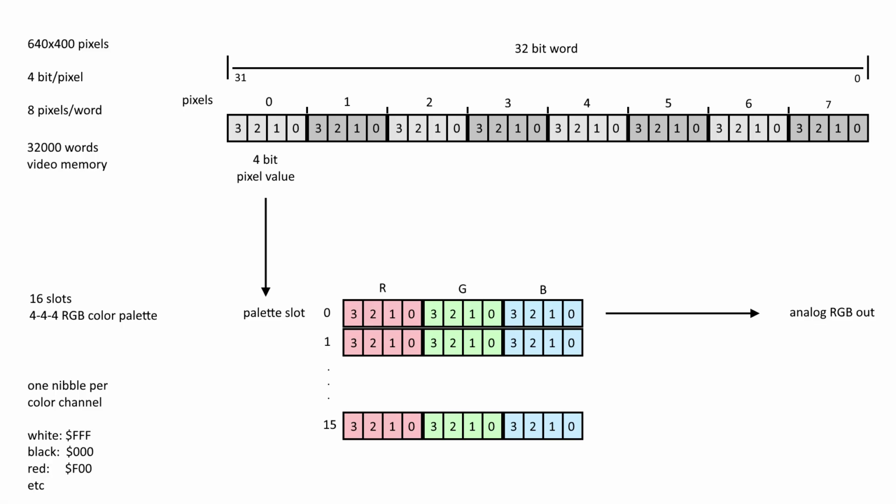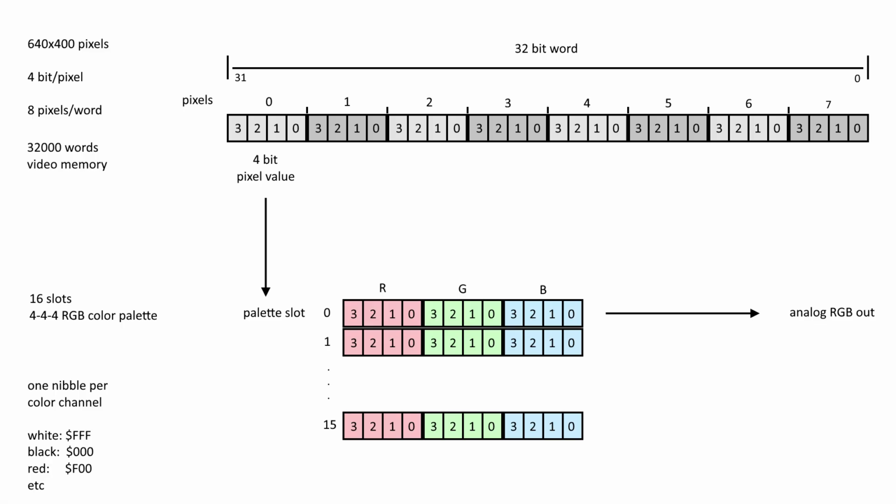There are 8 pixels in each word, with groups of 4 bits from left to right, from the most significant bit to the least significant bit. And each of the 16 possible pixel color values maps to a palette slot that contains a 12-bit RGB value, and that is used to generate an analog video signal on the VGA connector.